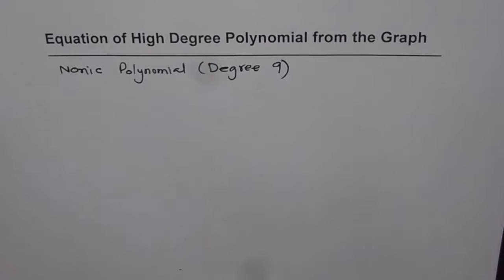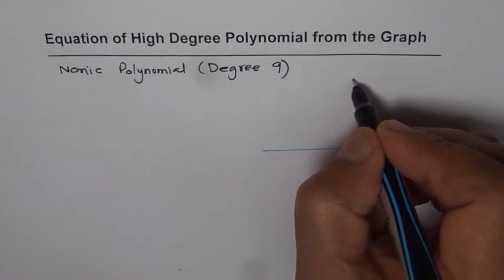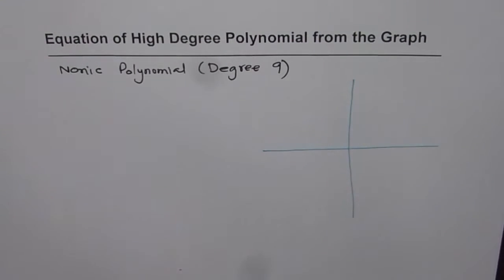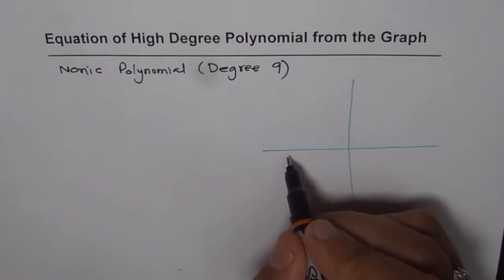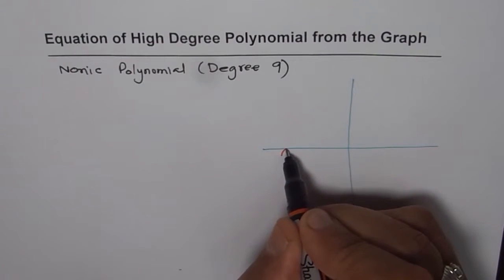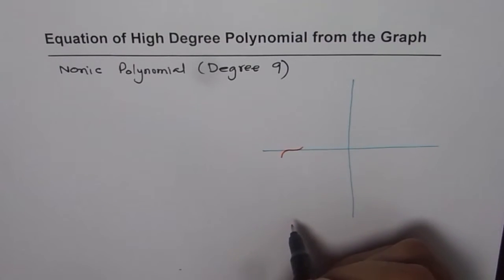Let me sketch one, and then we will find possible equations of that graph, right? Now, to give a complete example, I'll take different kinds of zeros. Let me take one which is like this. That means you understand it is odd degree, right?